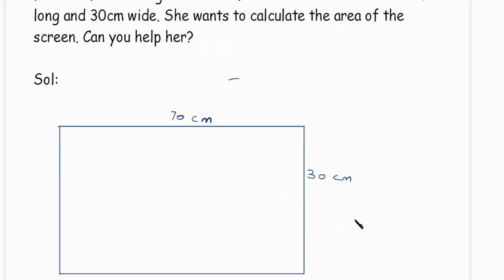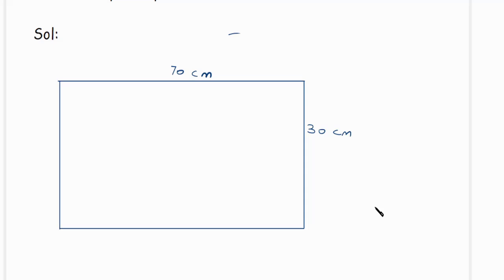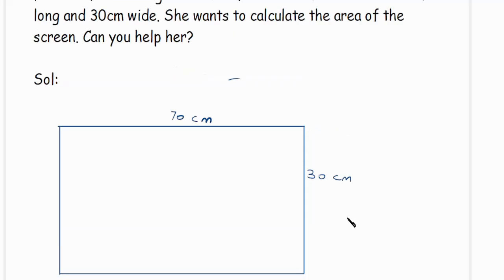This is a normal rectangle, so we have to find the area of the rectangle. Area is length into breadth, 70 into 30, which is 2100.